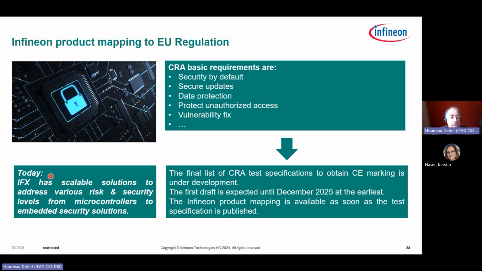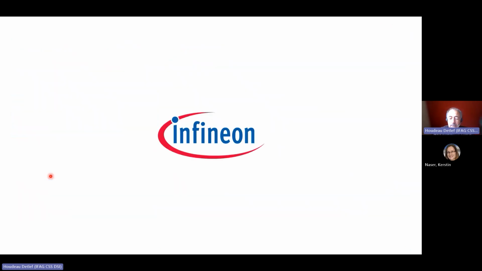We have microcontrollers and microprocessors with security function. And we also have microprocessors and microcontrollers with security function certified by a third party. Most of them have this Common Criteria certification. So we have this broad range of products.